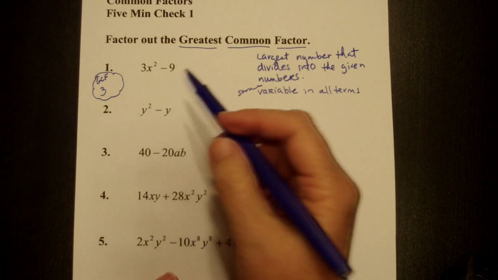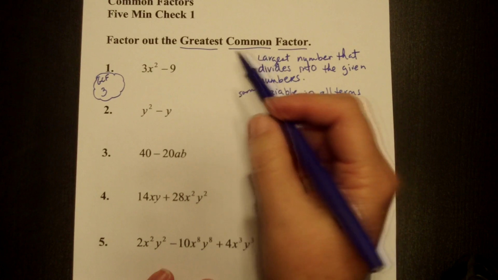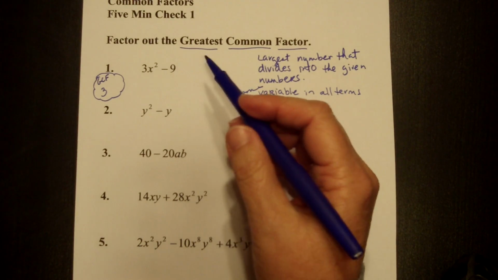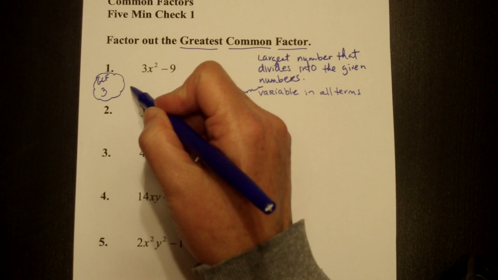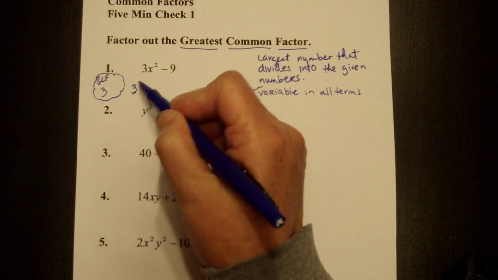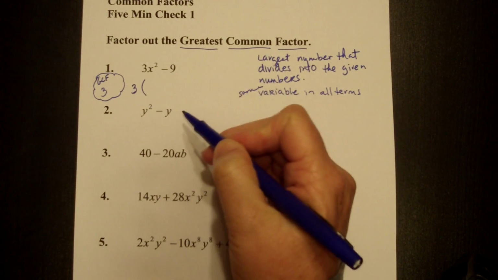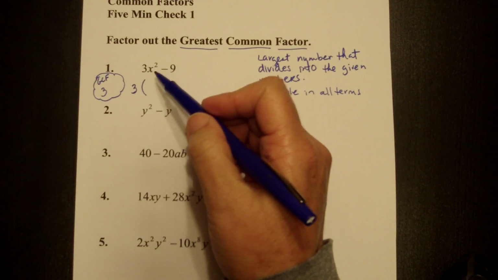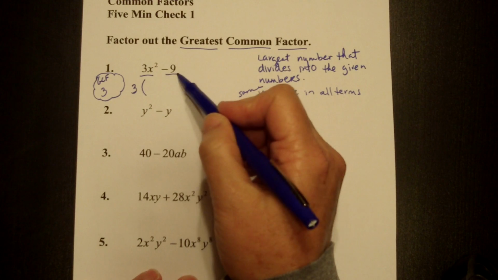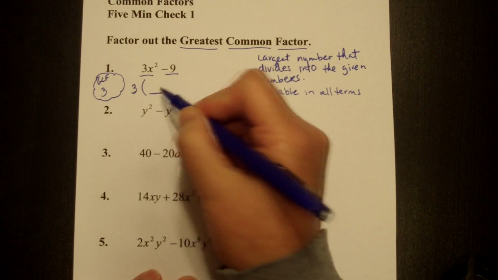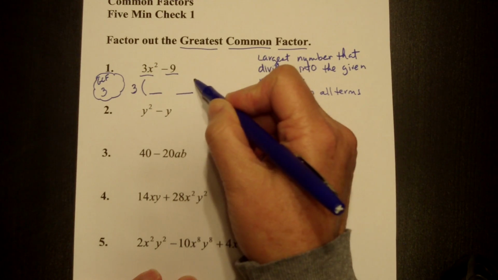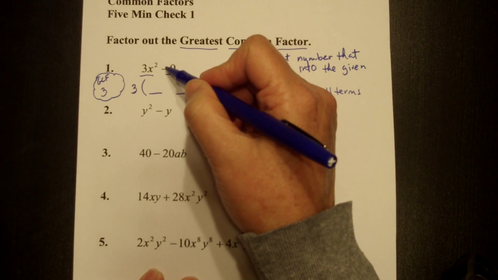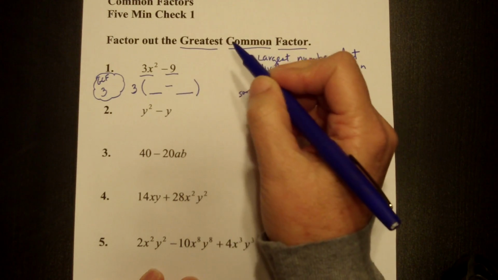So on number 1, we don't have to worry about a variable because there wasn't the same variable in both terms. So we're going to write down a 3, and put parentheses. In that parentheses, because this has two terms, we're going to put 2 blanks. Then we're going to close the parentheses, and take this minus sign and put it here.